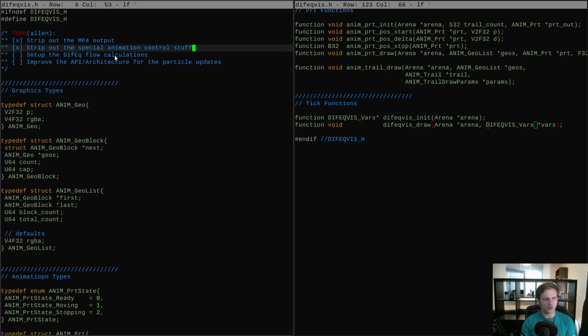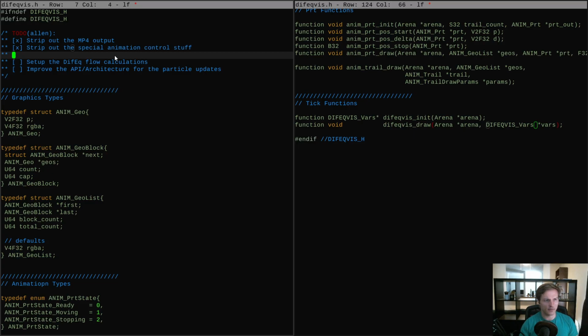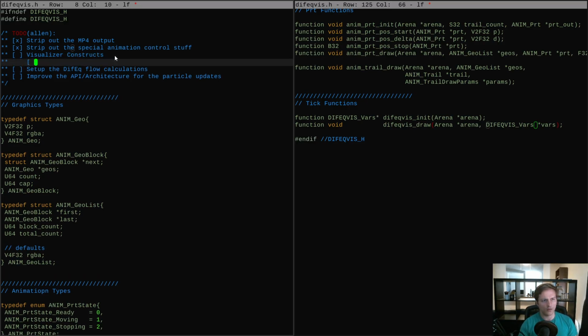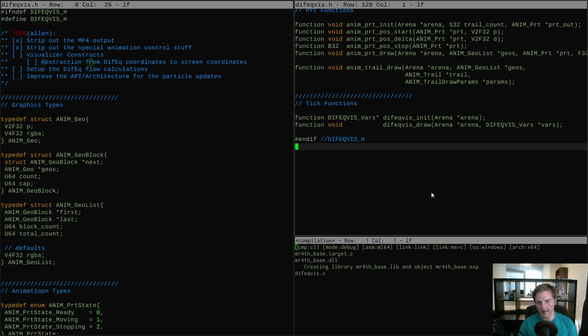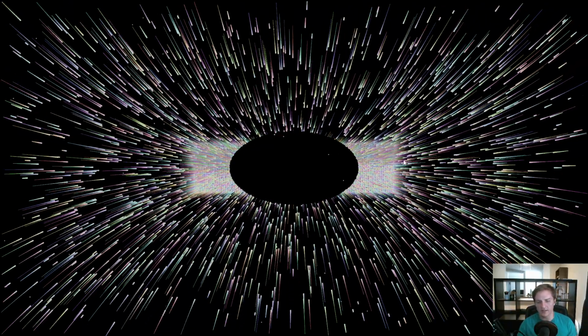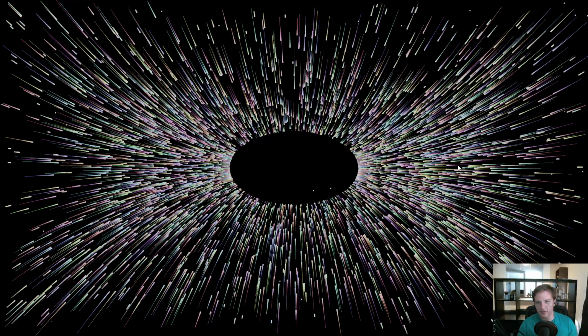So here are some things we've got to do to start making progress here. Let's set up the visualizer constructs. So we want an abstraction from the diff EQ coordinates to screen coordinates. Right now my particles have a position on the screen, and that position is used, it goes into a function, out pops a delta, and that delta updates the position literally on the screen.